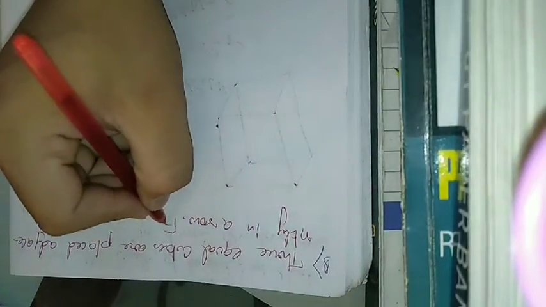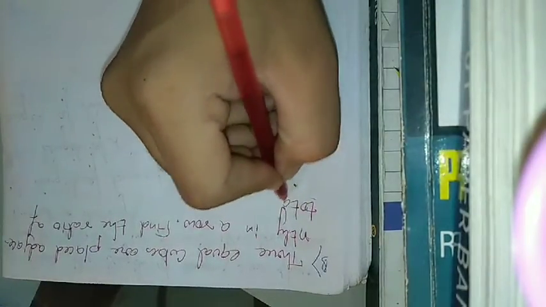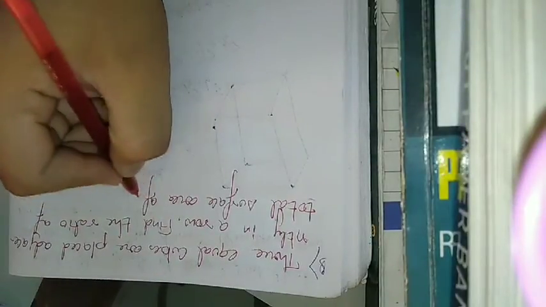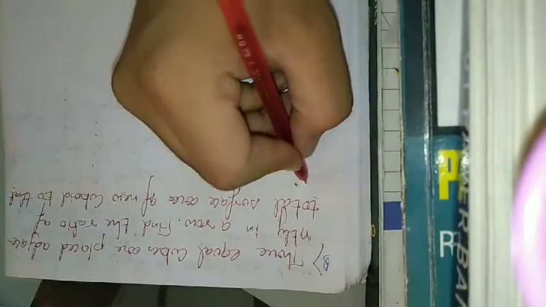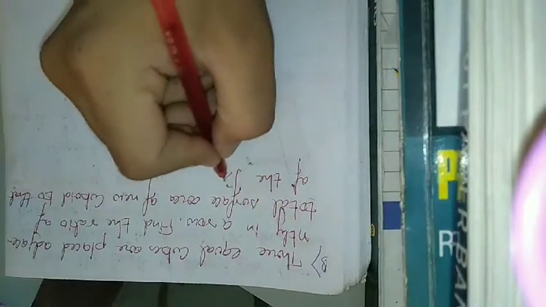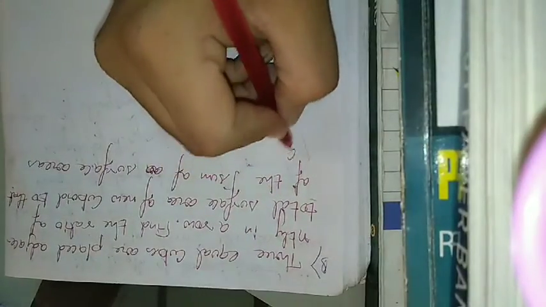Find the ratio of the total surface area of the new cuboid to that of the sum of surface areas of the 3 cubes.